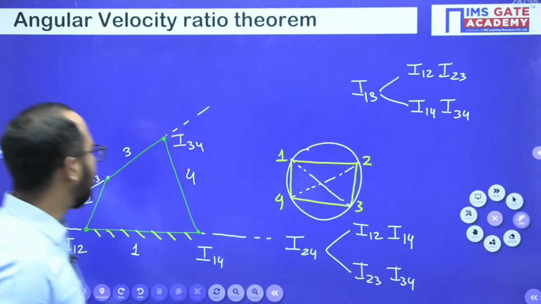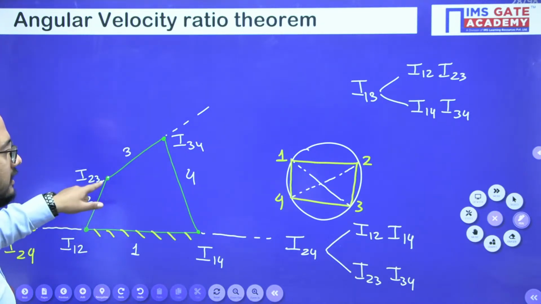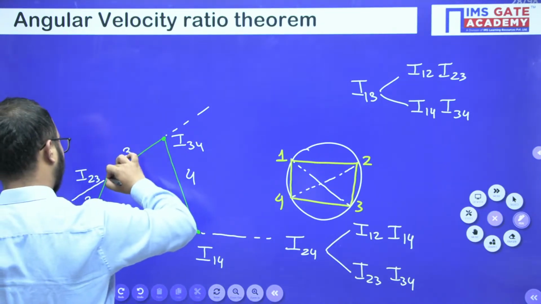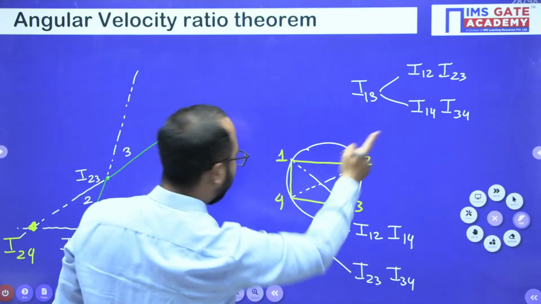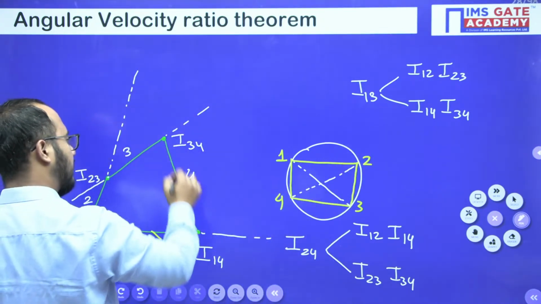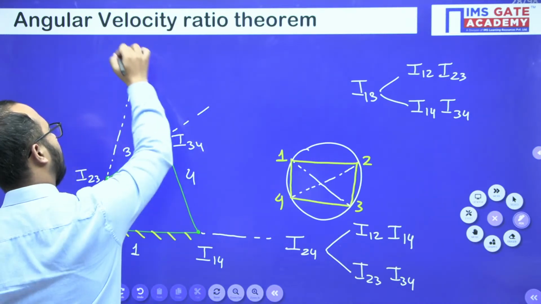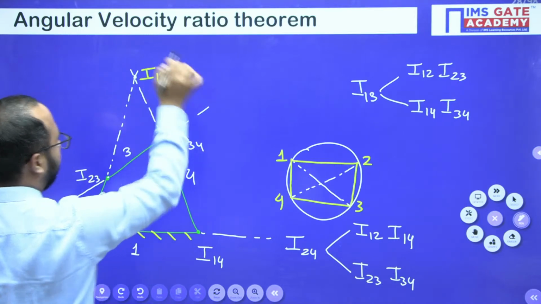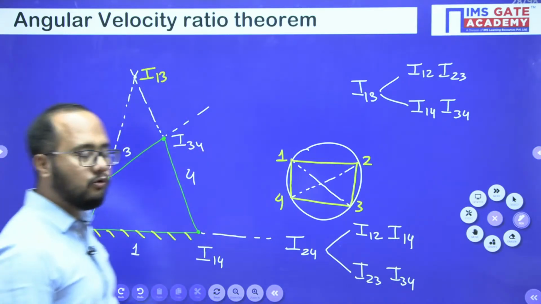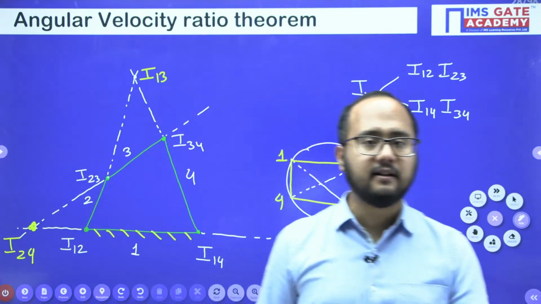So 1, 2 and 2, 3, these are points, so just draw the line. Another line 1, 4 and 3, 4. Just extend this line. Here these points are meeting. So this is I13.